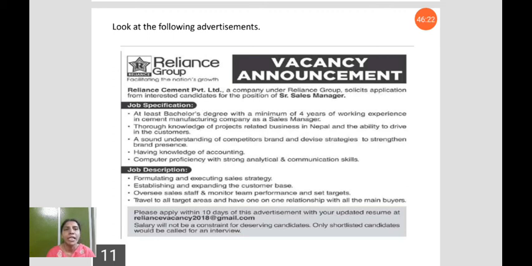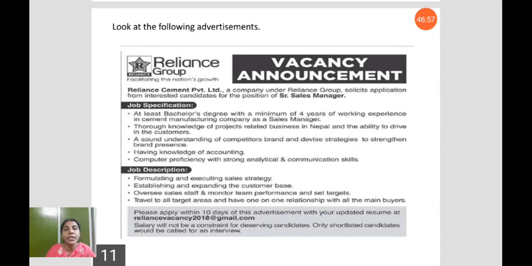Job description: formulating and executing sales strategy, establishing and expanding the customer base, and monitoring team performance. Here team performance has come, so you can write team player or team management skills. Another is set targets, so in the profile you can write achieved targets.